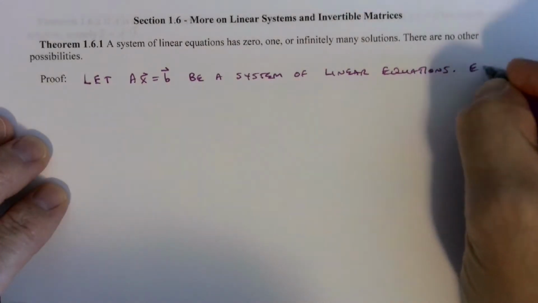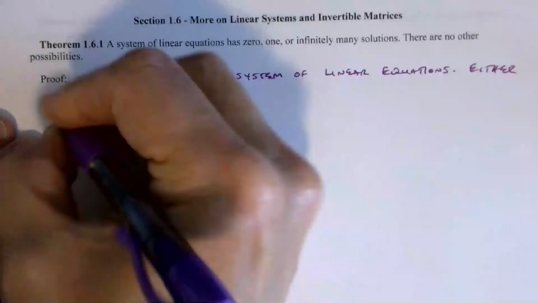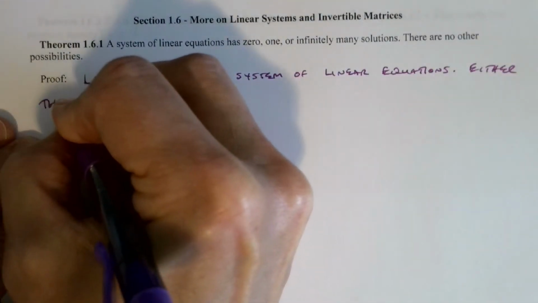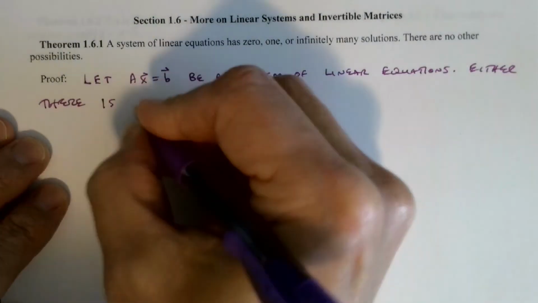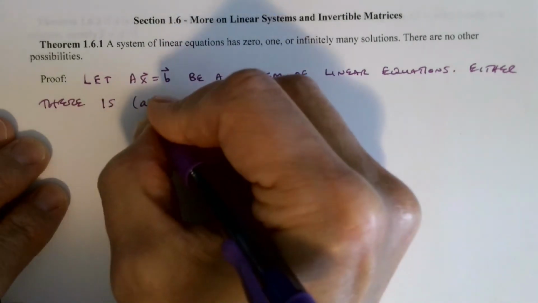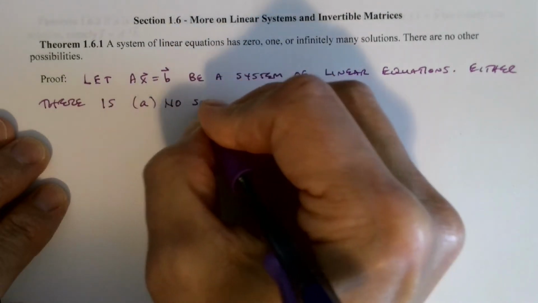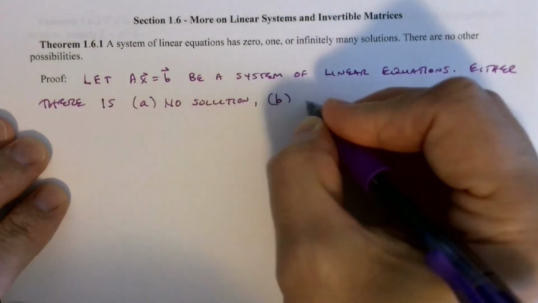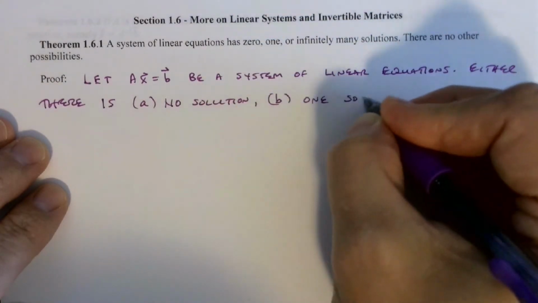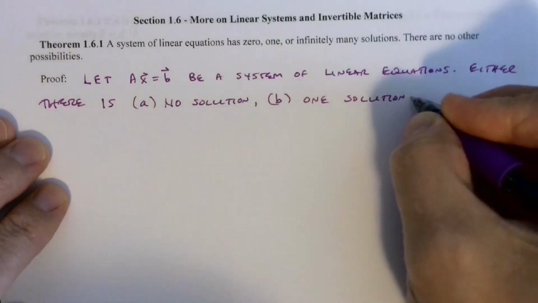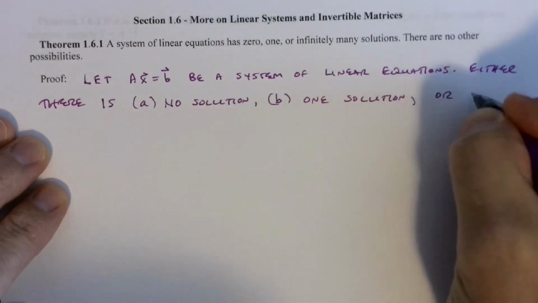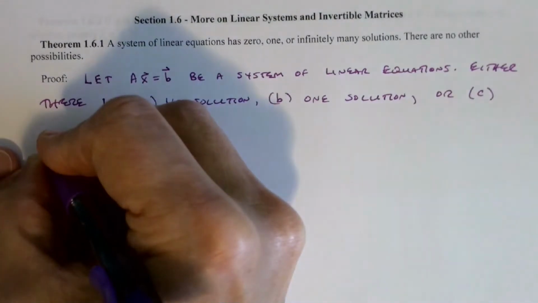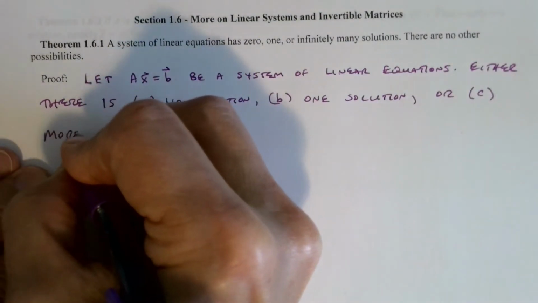So what's possible? A, there could be no solution. B, there could be one solution to the system. Or C, there are more than one solution.